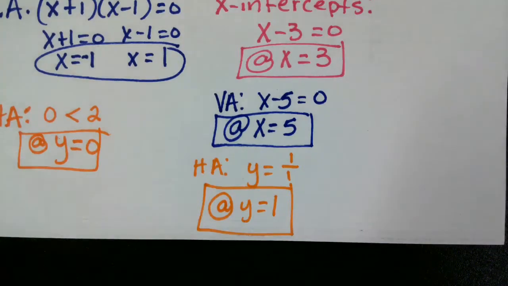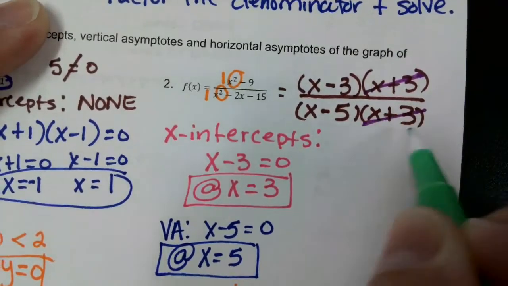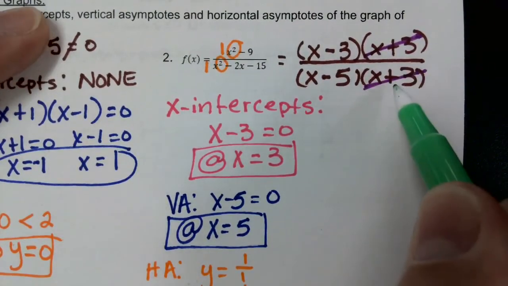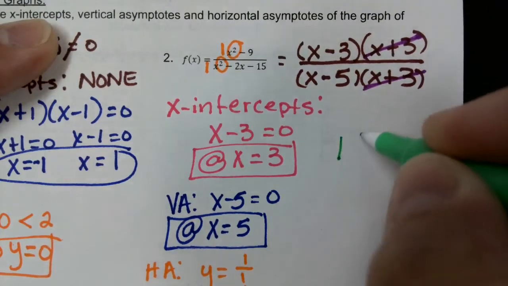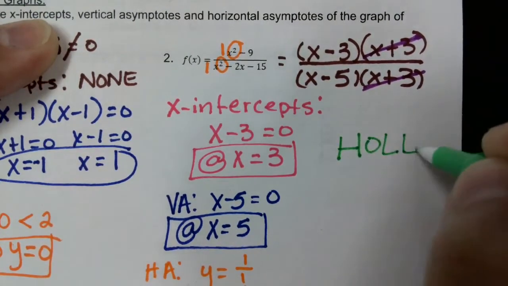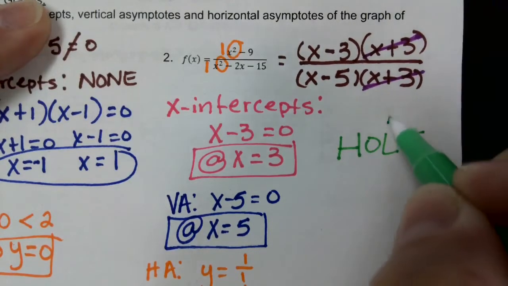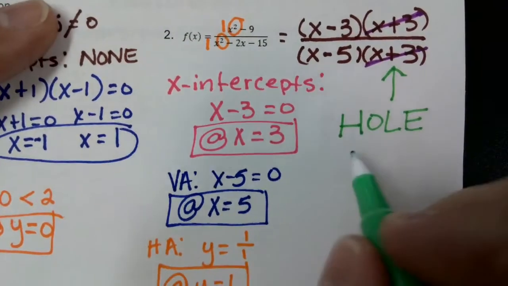Now we have to talk about something we have not talked about yet. So if you remember, we had the x plus 3 that divides out. And when we were simplifying, we were still listing this as an excluded value. And the reason is because we have a hole in our graph with the factor that divides away.